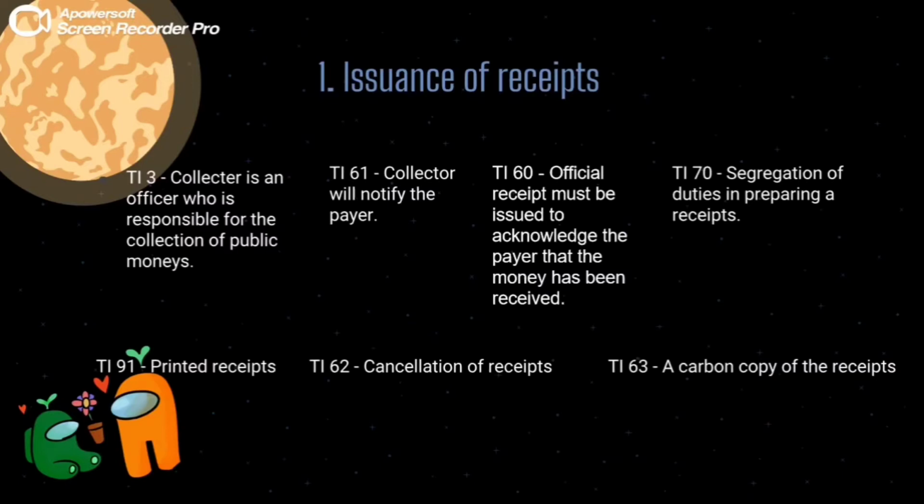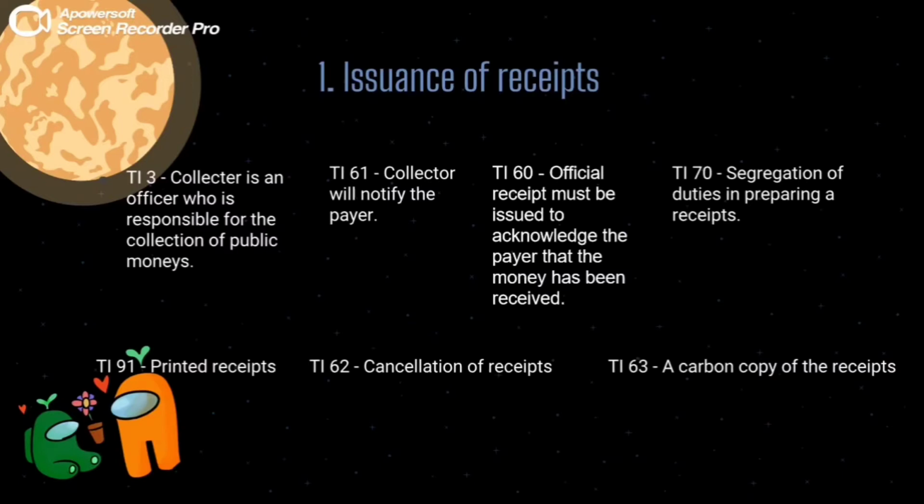This is stated in TI-91. If for any reason the receipt is spoiled, it must not be altered or destroyed. Instead, it must be cancelled and attached together with the carbon copies for audit purposes. This is stated in TI-62.